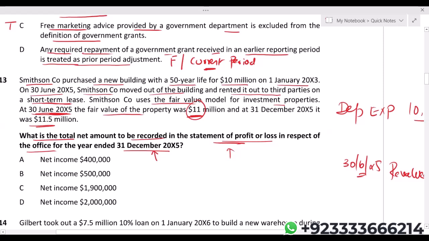Now the fair value of the property has come from 11 million to 11.5. It means after the transfer from IAS 16 to IAS 40, there is a fair value change, and that is 0.5 million, means 5 lakh. That goes to P&L.